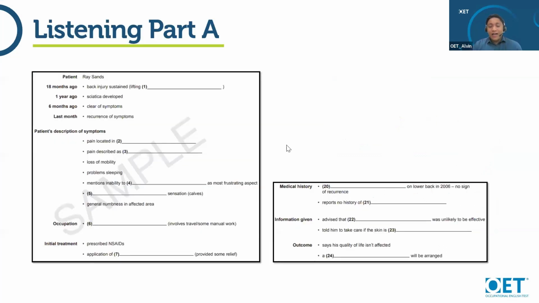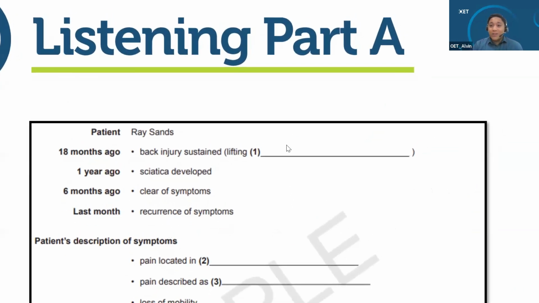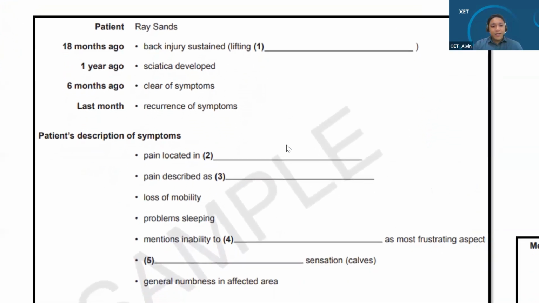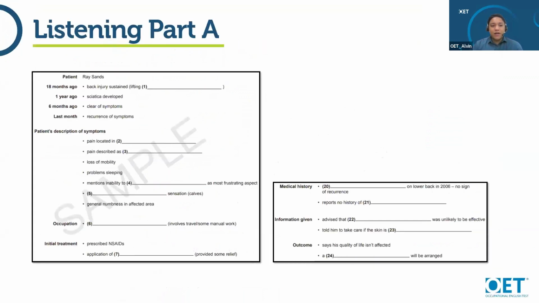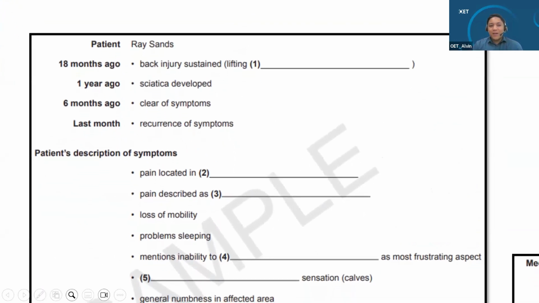So I want to show you what the exam looks like in listening part A. I just want to show you this and do a little bit of a noticing activity. If you take a look at it, you can see that there are some patient details. I want to zoom it in so everybody can see it. So you got the patient's name is Ray Sands, right?